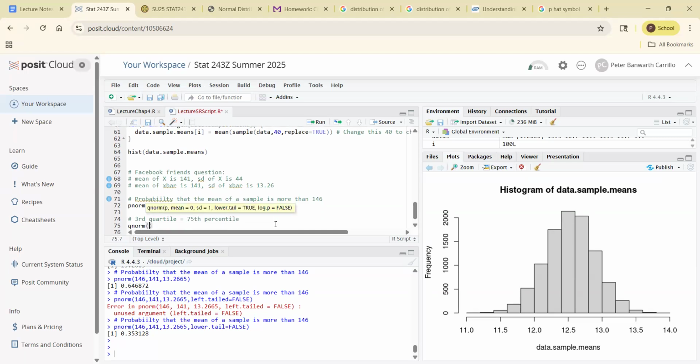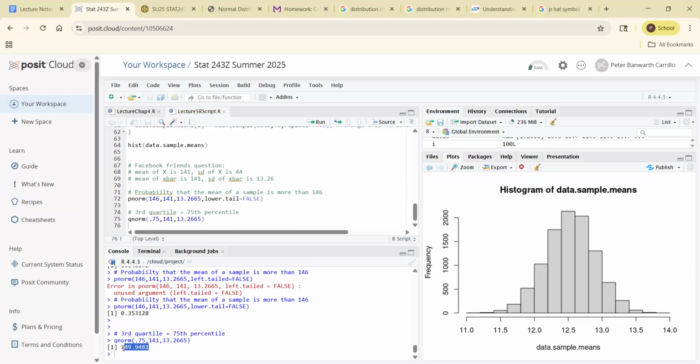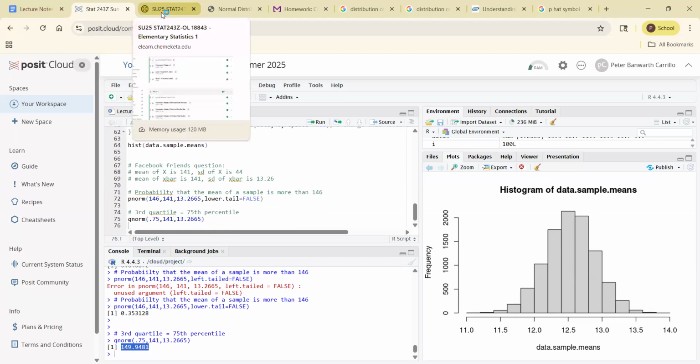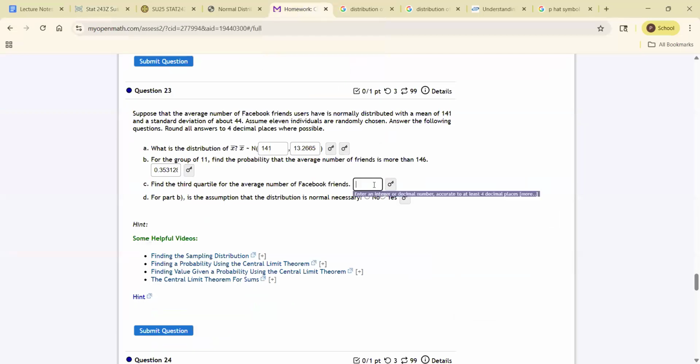So we do q-norm, 0.75, 141, 13.2665. Since we're doing percentiles, we want the lower tail to be true, and we get 149.94, which you would probably round to 150 because nobody has 0.9 friends.